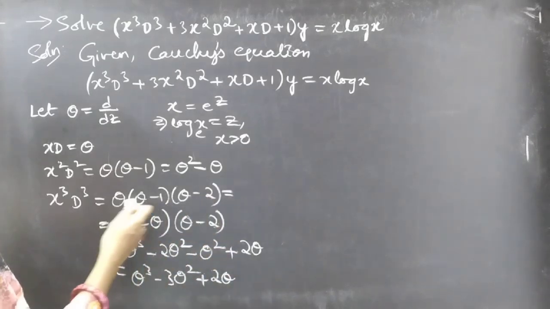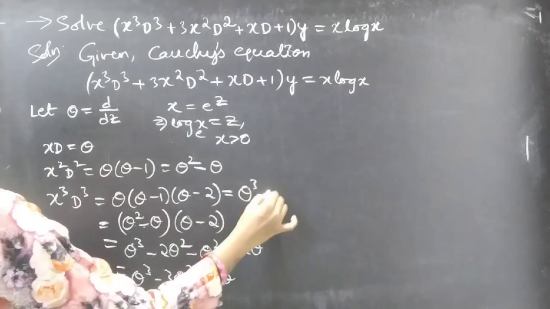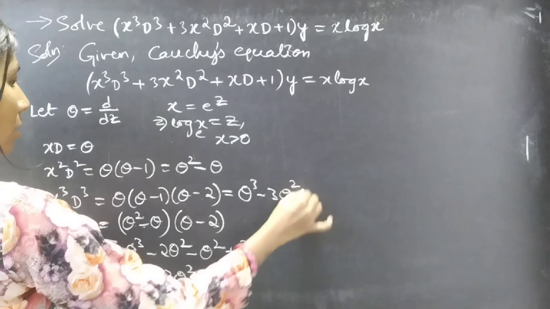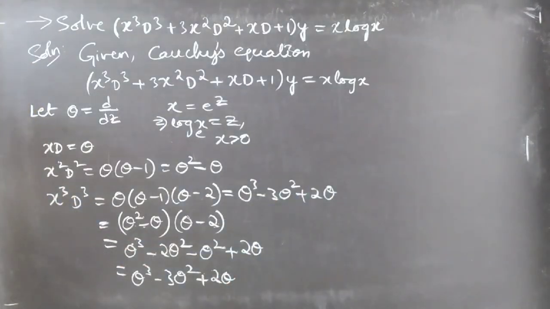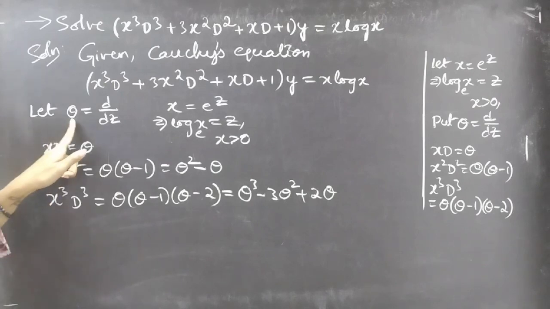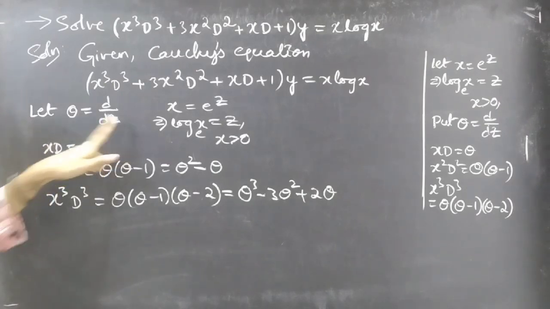So we can write theta of theta minus 1 into theta minus 2 as theta cube minus 3 theta square plus 2 theta. Here theta is a differential operator with independent variable z. Okay.